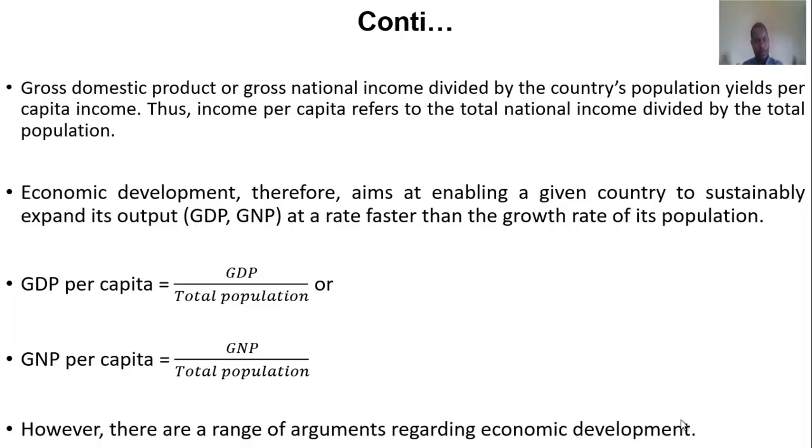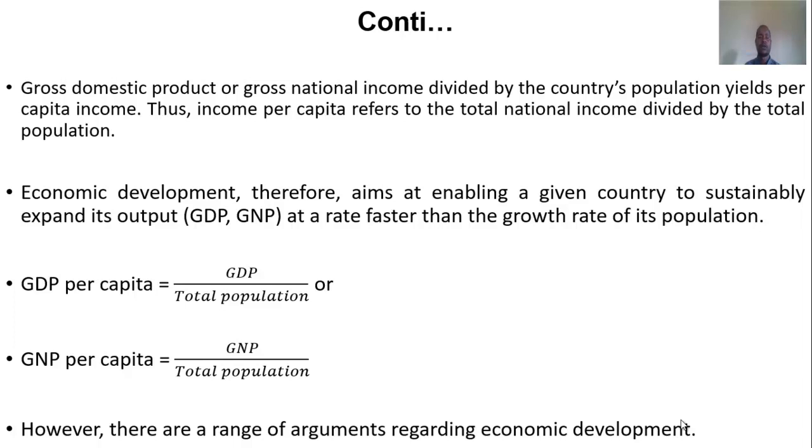And when we divide the total gross domestic product and gross national product by the total population of the country, it gives the income of every individual, and it is the income of every individual that is termed as per capita income in the language of economics.